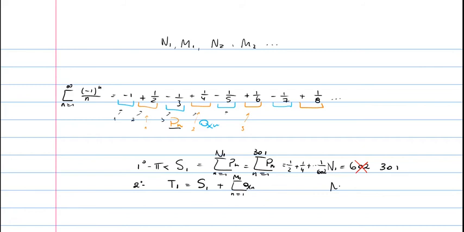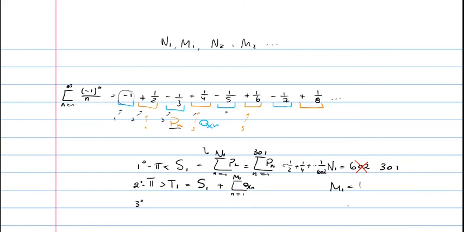And this gave us m1 equals 1, which made all the sense in the world because the first one was minus 1, the first negative number, and this number was 3.14 something, so 3.14 minus 1 is smaller than pi. So T1 was smaller than pi.